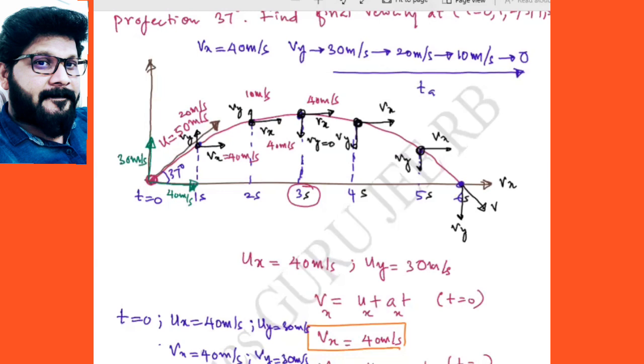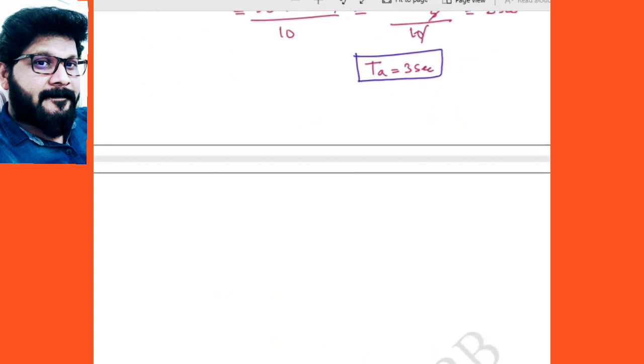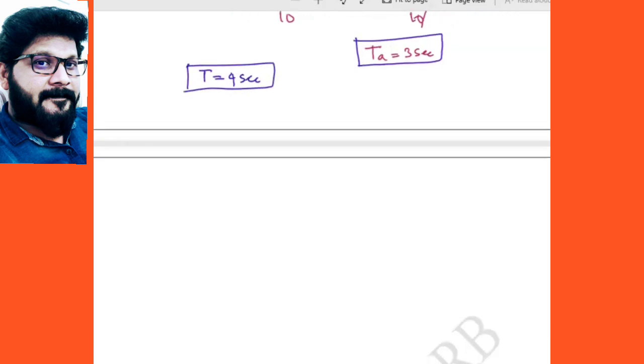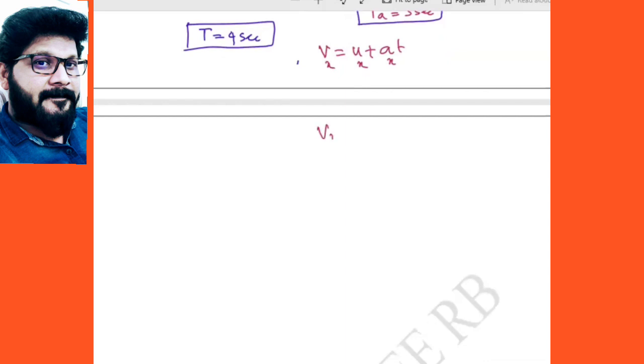Now during the time of descent, what happens? Let us see. Vx will remain constant, but what happens to Vy? Next, take t equal to 4 seconds. Now at t equal to 4 seconds, all of you calculate Vx and Vy. If I want to calculate, V is equal to U plus at, am I right? So Vx is equal to Ux, which is nothing but 40 meter per second, and ax is 0.